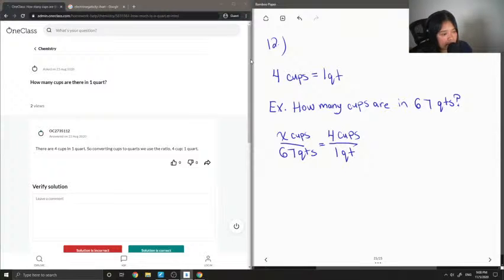And now I just have to multiply both sides by 67 quarts to solve for the X. So basically this is the same thing as 4 times 67, which is 268 cups.